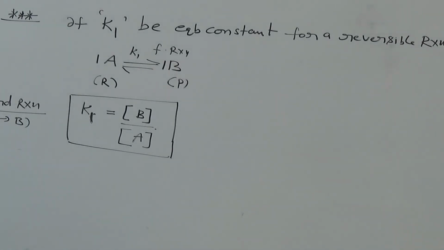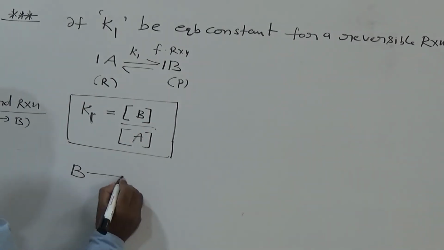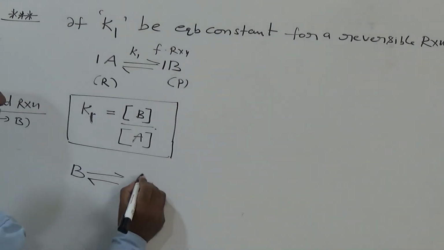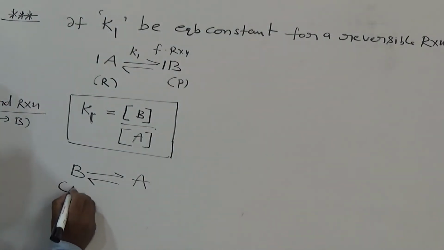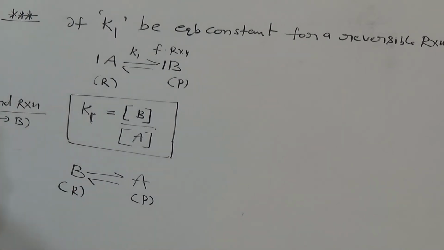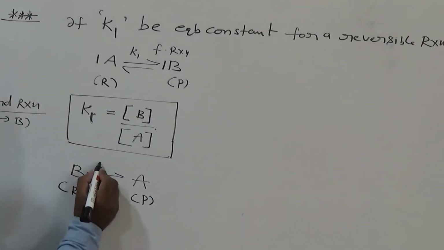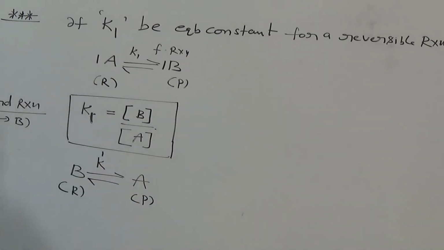Okay. Suppose the same reaction, B reversible to A. Now here this one is the reactant and this one is the product. Am I right? Where the equilibrium constant is taken as K dash, suppose.